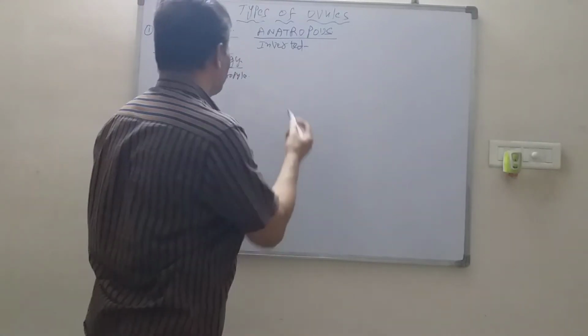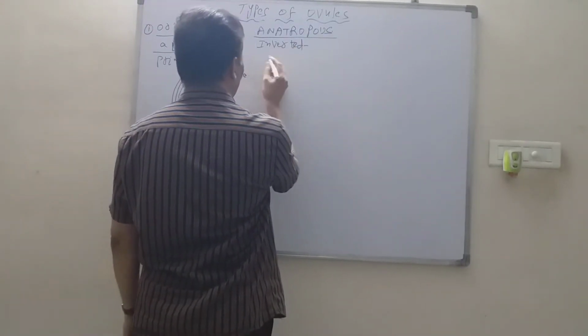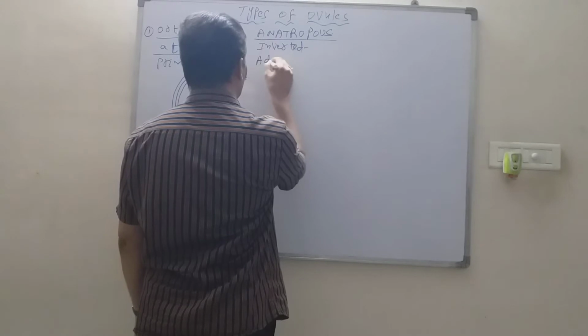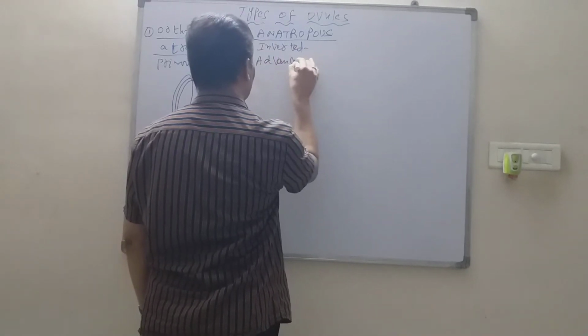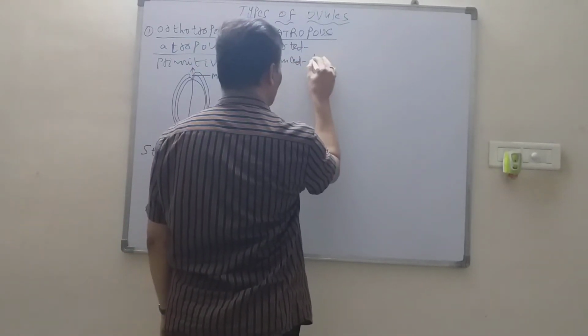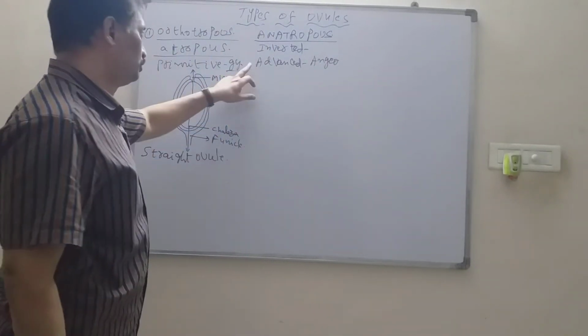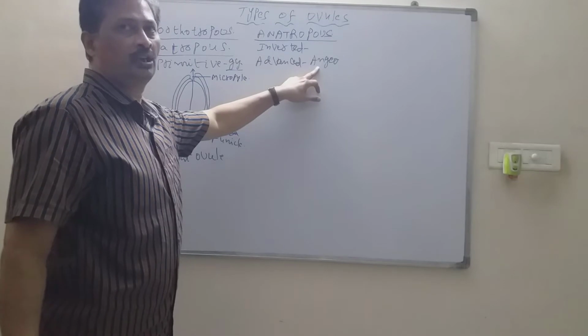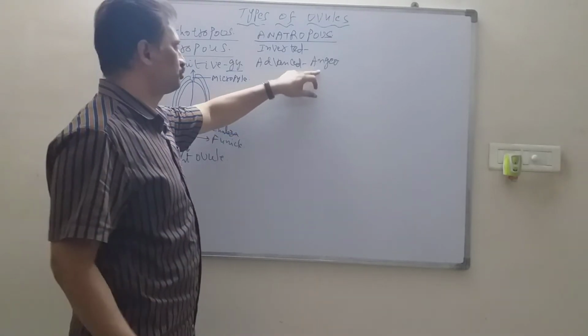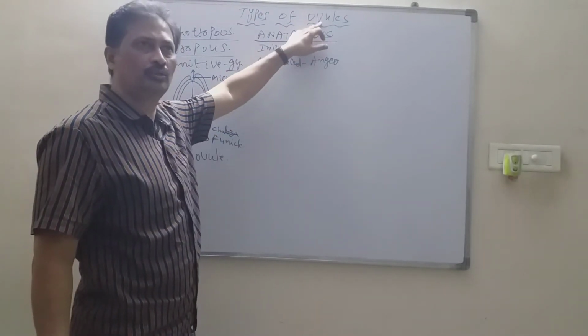The presence of the anatropous ovule is an advanced character, found in angiosperms. Gymnosperms and angiosperms are the only two groups of plants where you can find these ovules.